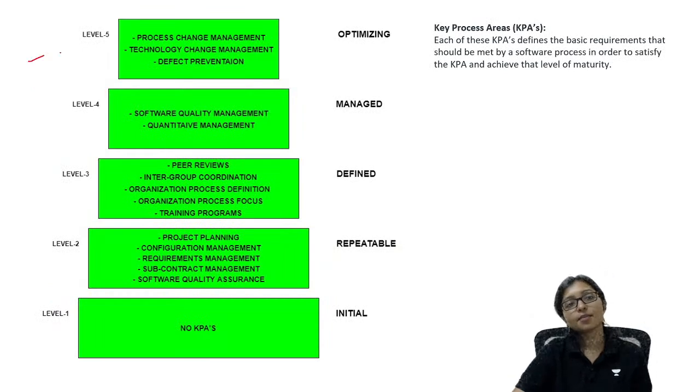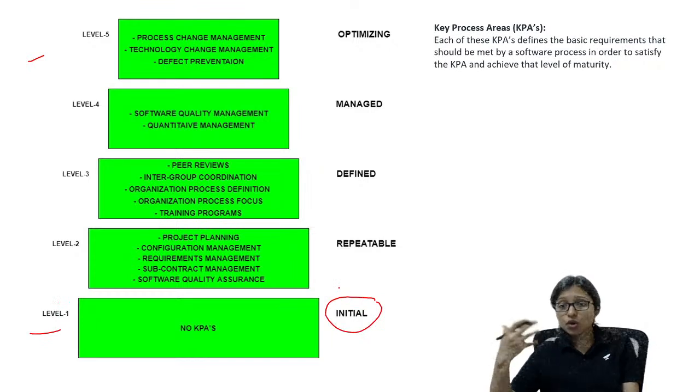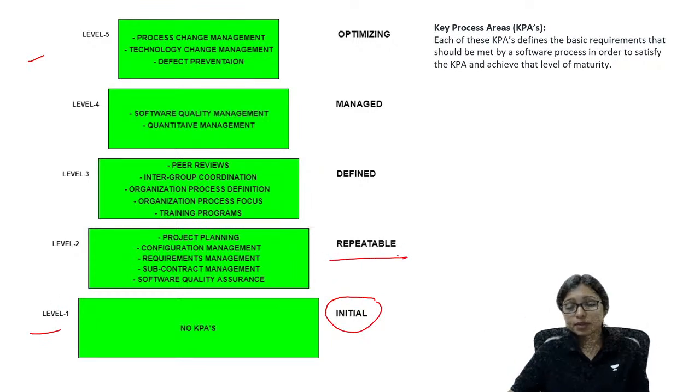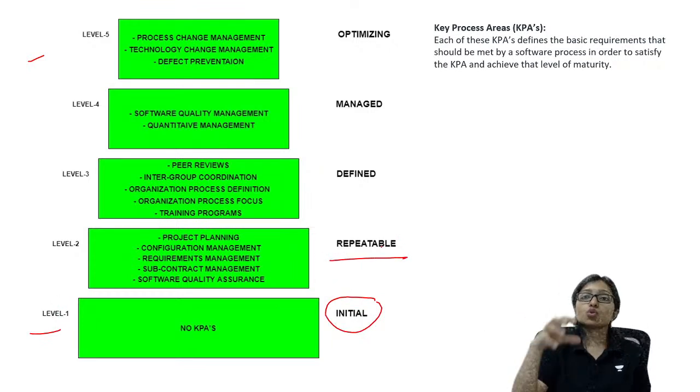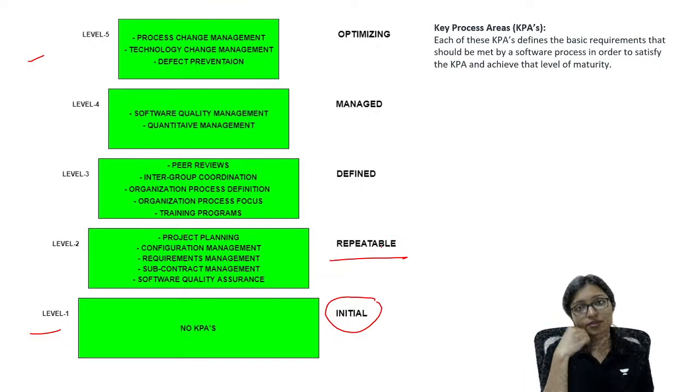You can see the CMM levels. Level 1 is the initial level, for new companies. Level 2 is repeatable, for companies that are repeating the same type of work. They focus on project planning, configuration management, requirement management, subcontract management, and quality assurance.